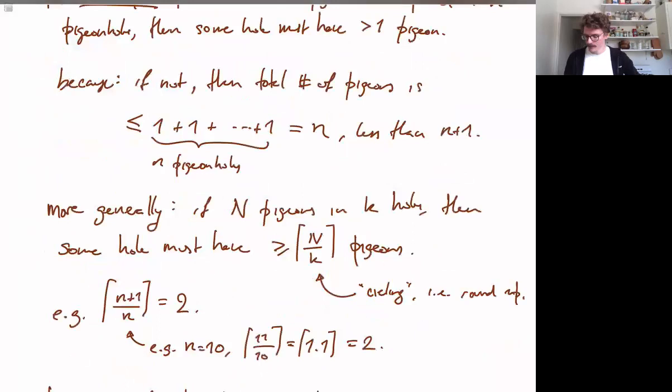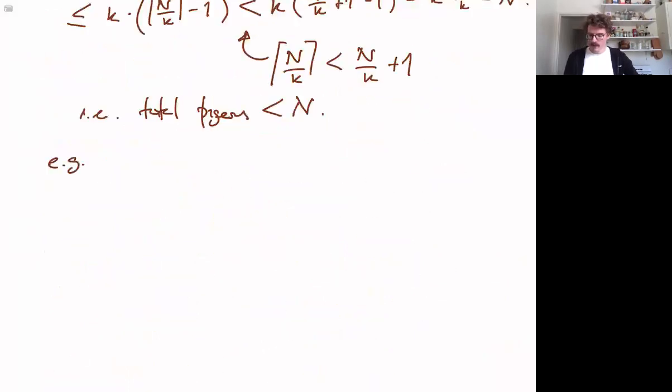So for example, last time we gave this example that if there's 13 people in a group, then 2 of them must share the same birth month. Now let's consider, what is our whole class? There's about 40 people in the class.